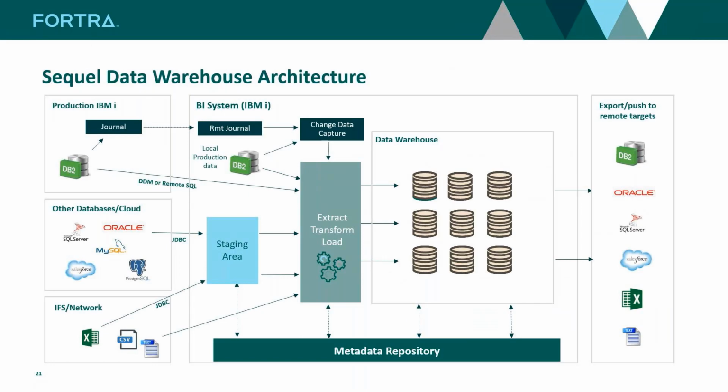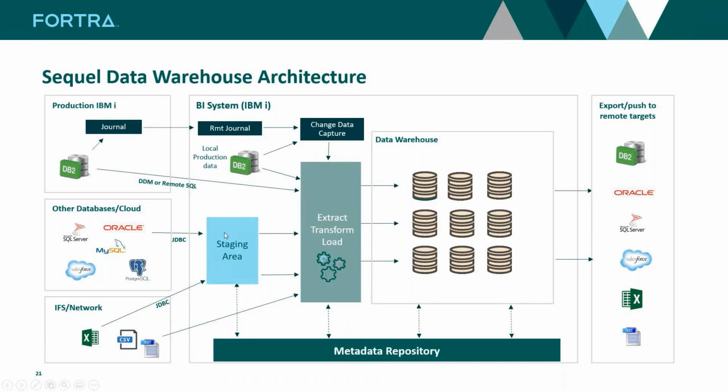So if we look at the overall potential architecture that we have, on the left-hand side, we've got our data sources, which might be IBM iData, either by DDM or remote SQL or through journal images. All of the other database or cloud data sources that are accessed by JDBC, and text files and Excel files, which might be on our IFS or on network shares.